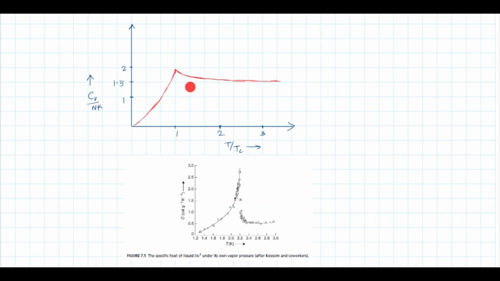Okay, and if you substitute the data for liquid helium, namely the mass m equal to 6.65 × 10^{-24} gram and v equal to 27.6 cm³ per mole, we obtain a Tc value of about 3.13 Kelvin.